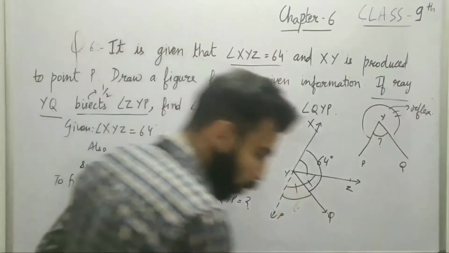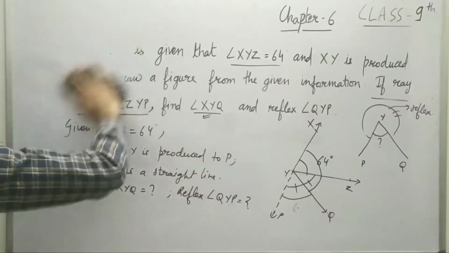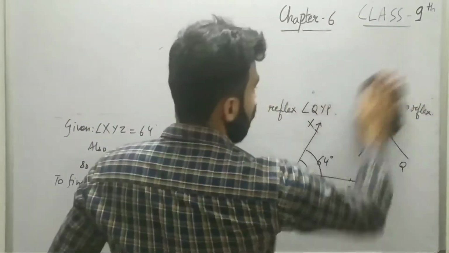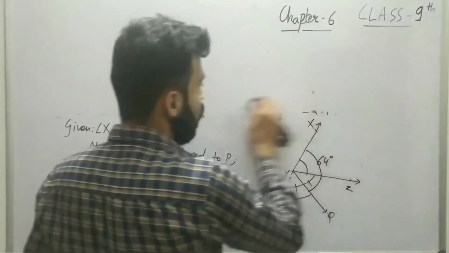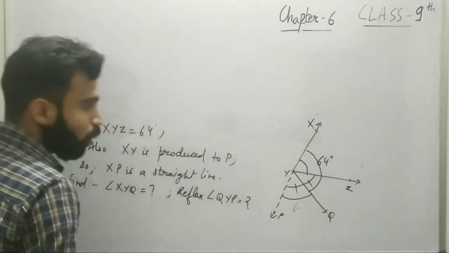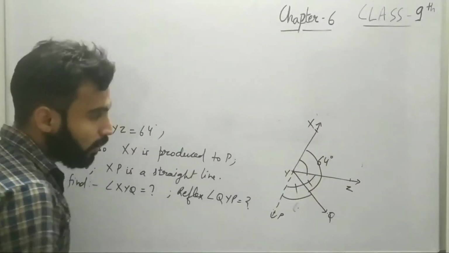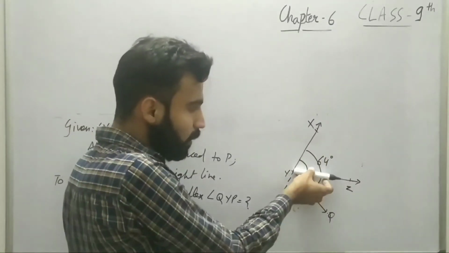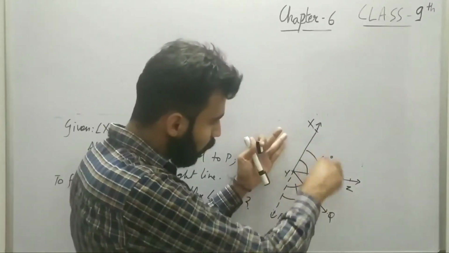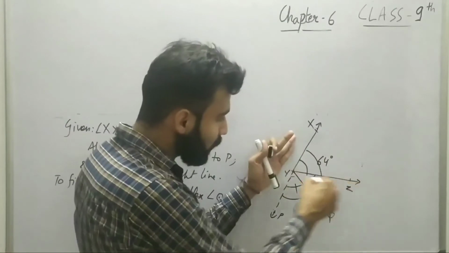So let me just rub out all the given question because I have written it all here. So the first step is, if you observe here, XP is a straight line, right? And YZ is a ray standing on it, right? So YZ is actually dividing the whole 180 degree angle into two parts. That means XYZ and ZYP.